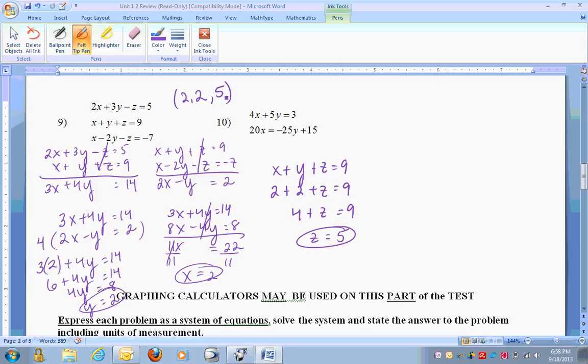Okay, on this last one, we can use elimination by multiplying. I'm going to rewrite it over here for some more room. Multiplying the top equation by -5 in order to get our x's to eliminate.